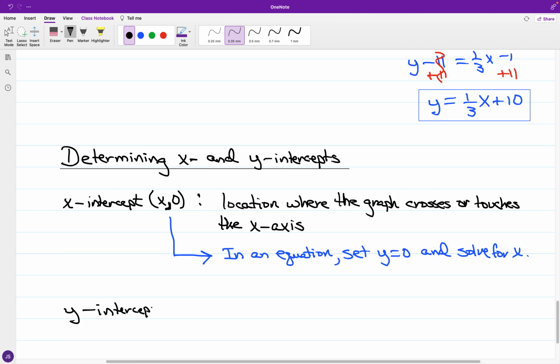Now for the y-intercept, this time it is x that is 0, and y is the general coordinate for the y-intercept. So you're going to have the location where the graph is going to cross or touch the y-axis.